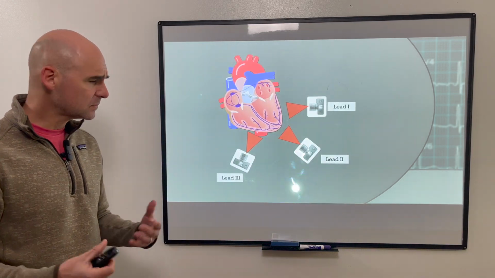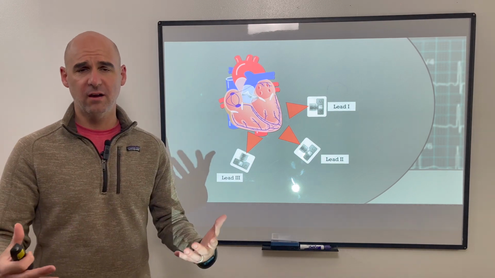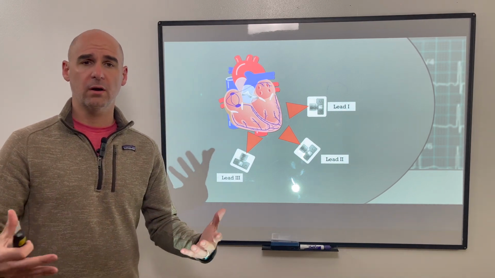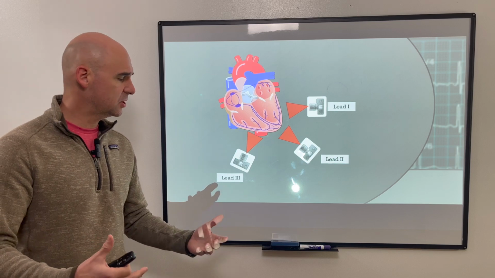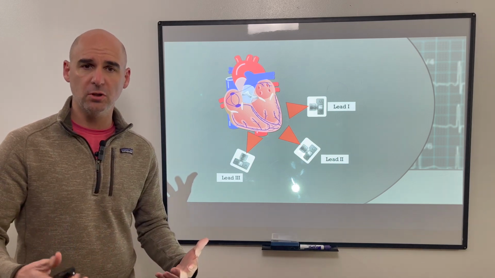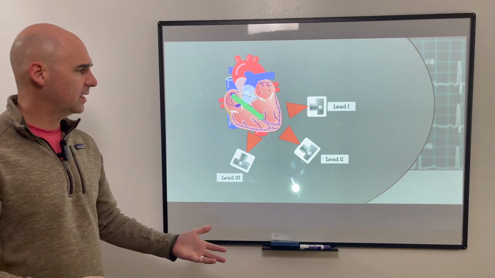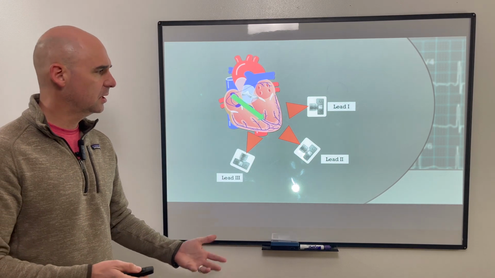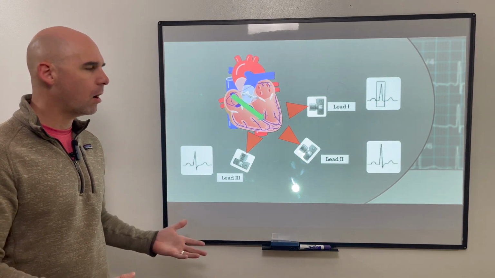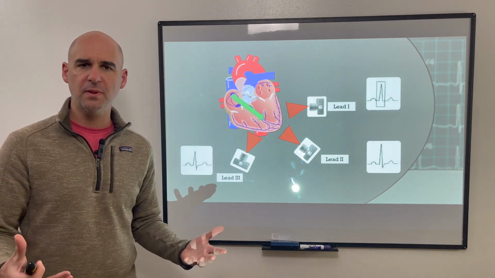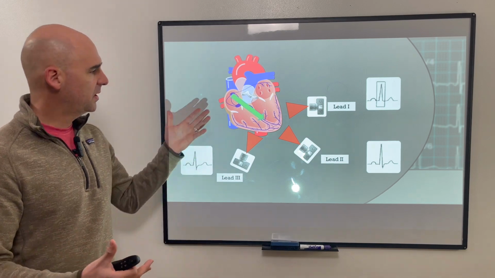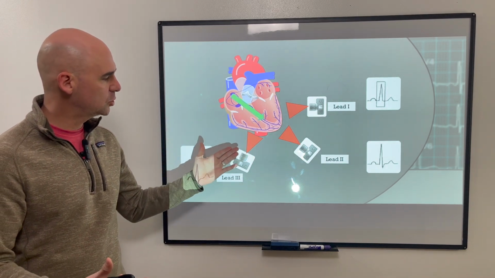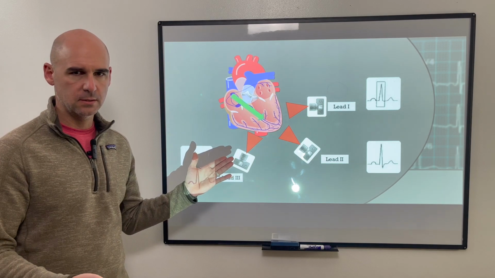All right. So thinking about what leads 1, 2, and 3 deflections are going to look like, we talked about it again in normal depolarization. Leads 1, 2, and 3 are all going to be upright. Their QRS complexes are positive in nature because the depolarization wave is moving towards each of those leads, right?